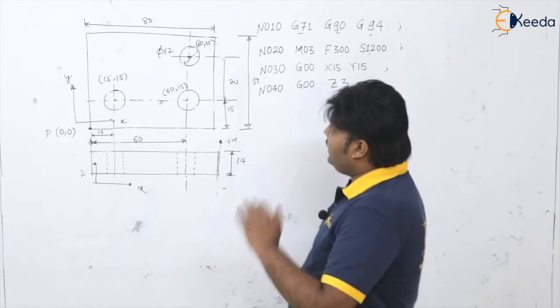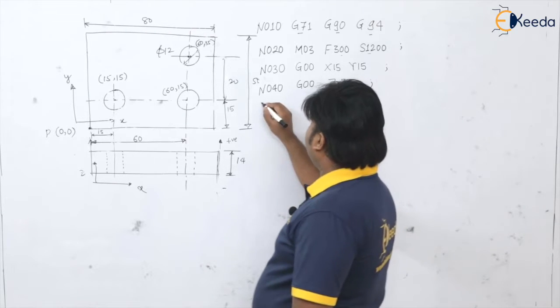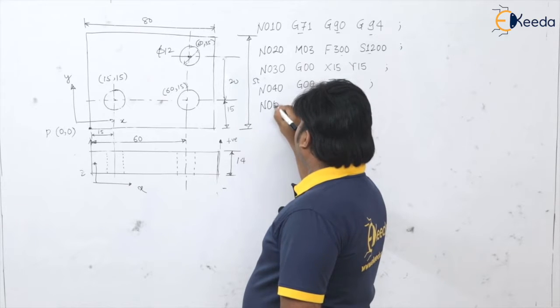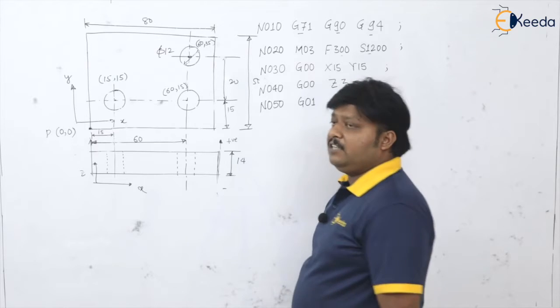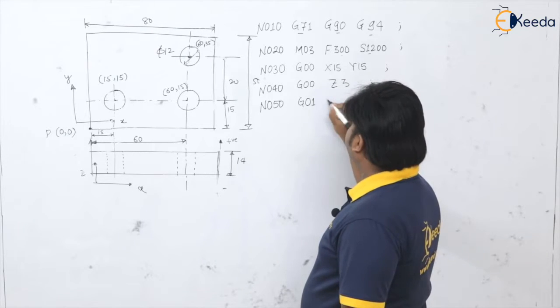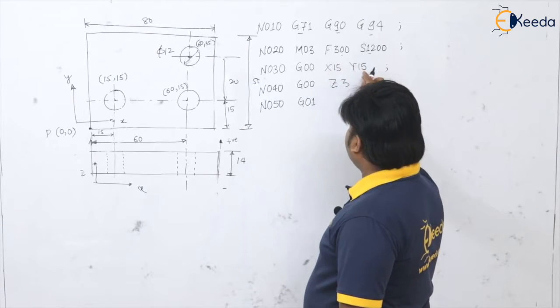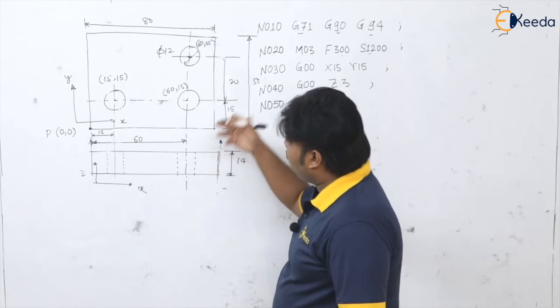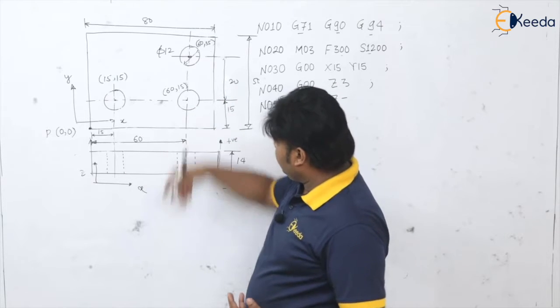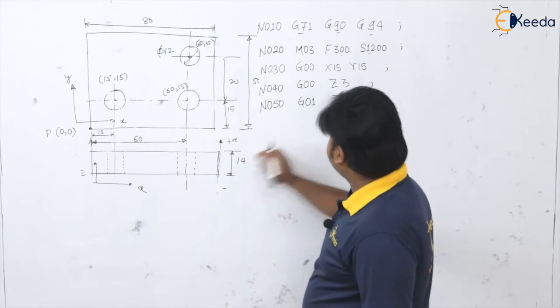Now I can start the drilling operation. Write the program block N050, G01, the linear interpolation, again X15, Y15. Now Z is what? How much depth does the drill move inside the workpiece? 14 mm.